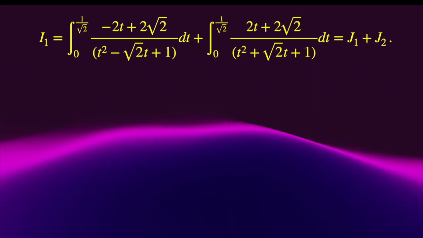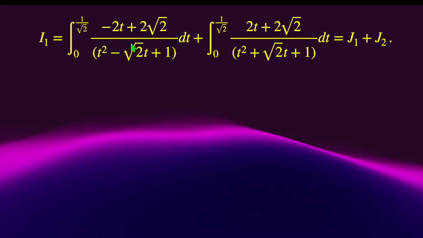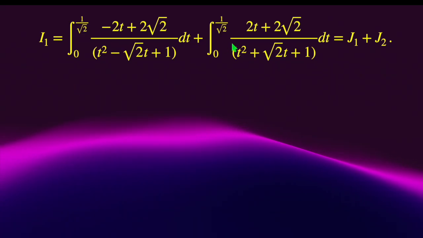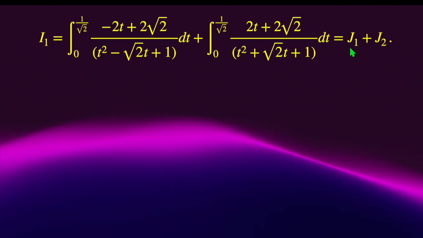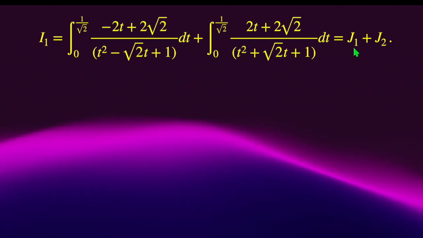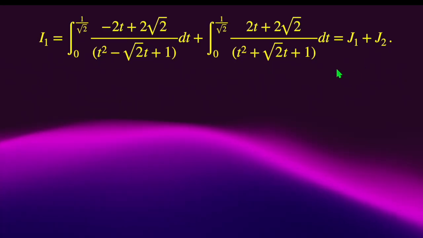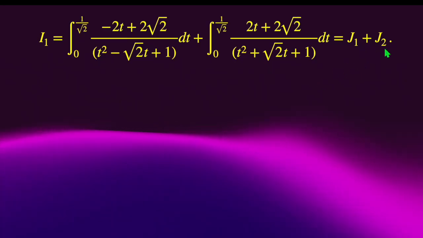So now we have shown that I1 is the sum of two integrals. We call them G1, G2. And we will compute now G1 and G2.